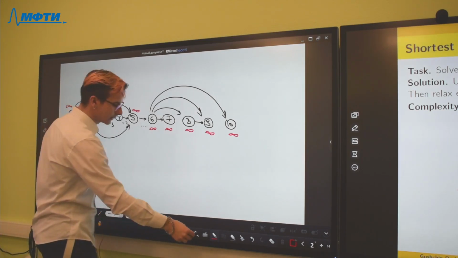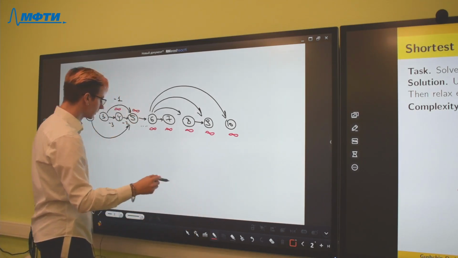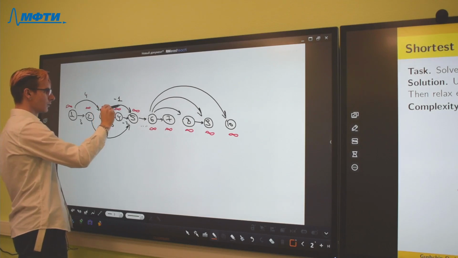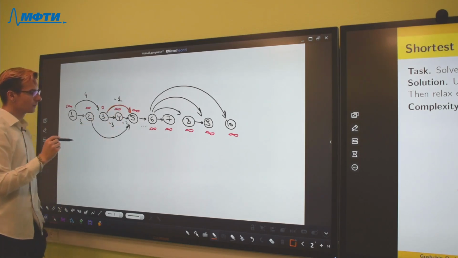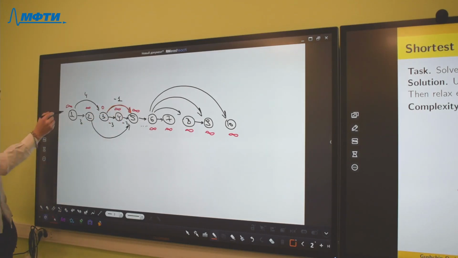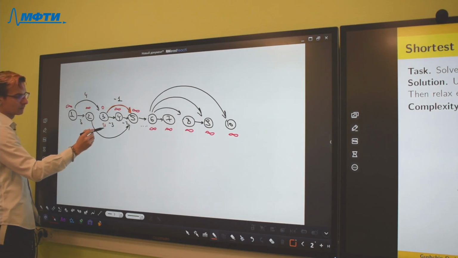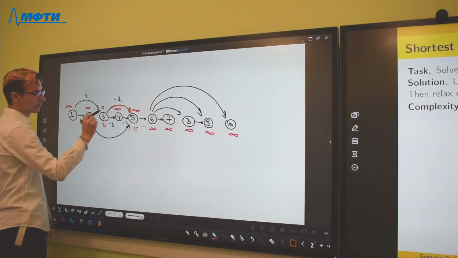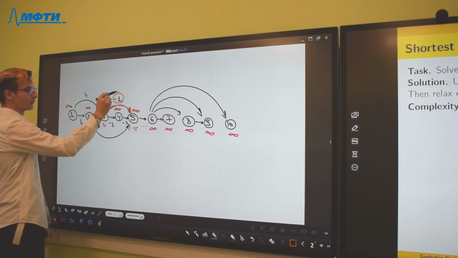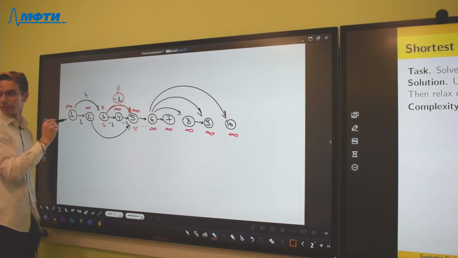Firstly, when we relax this edge, we say this is U, V, and the weight is equal to -1.